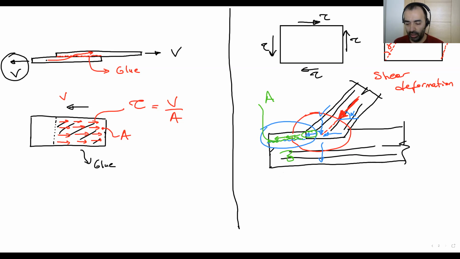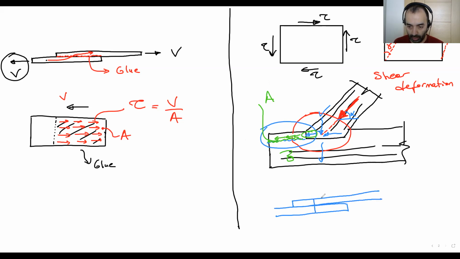And the other well-known example is bolted connections. We connect two plates with steel bolts. For example, here we have one plate, another plate is at the top.